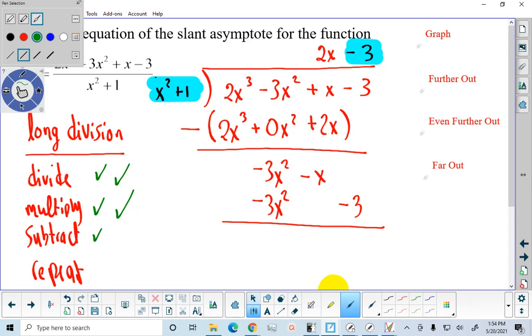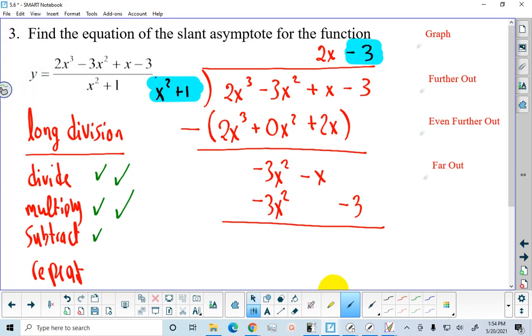By the way, if you just want an answer, that thing at the top, 2x minus 3, is the asymptote. The asymptote will always be the quotient, and I'll come back to that idea in a second. We've now got to subtract.